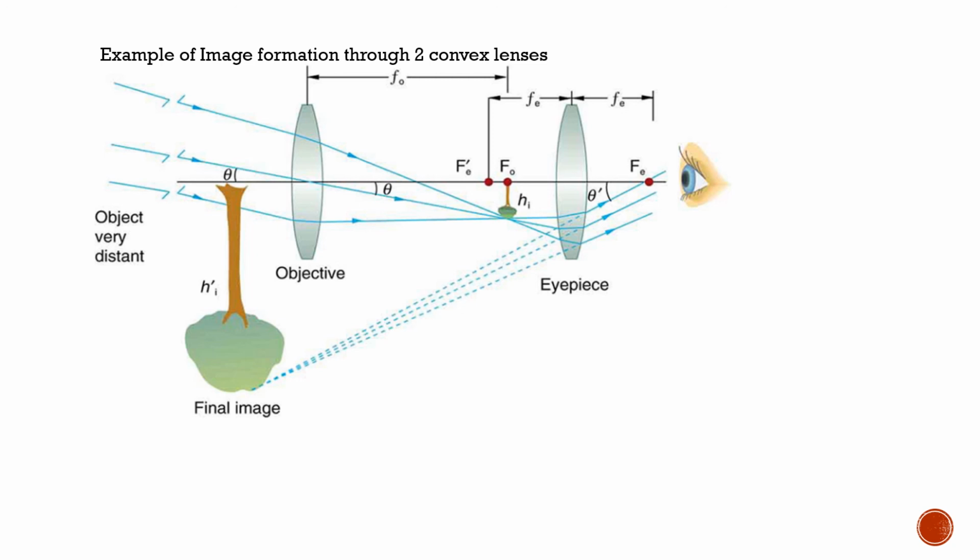What you have to do here is just get the image location through one convex lens and then take that image as the object for the second convex lens. And you just have to draw the ray paths of these 2 images.